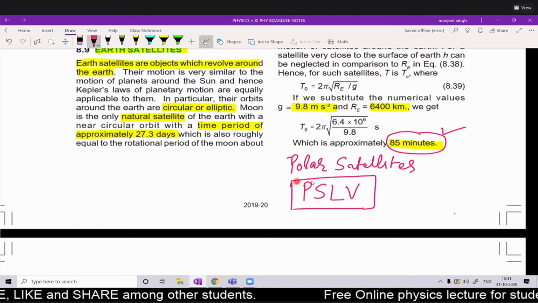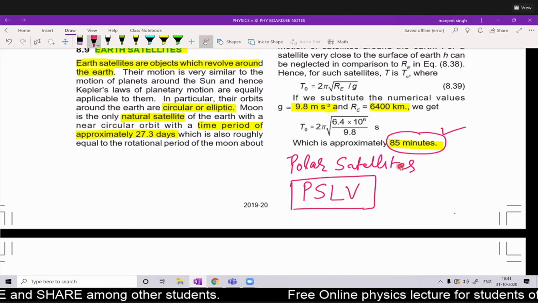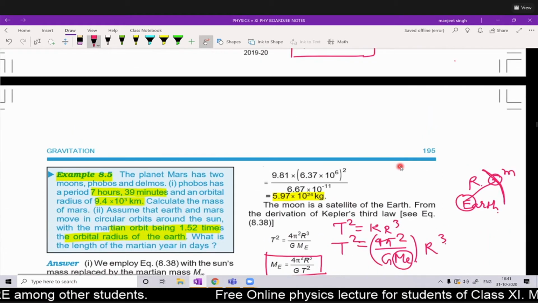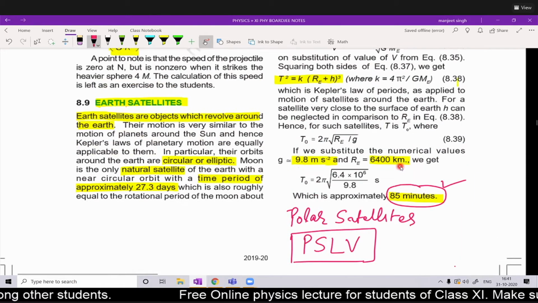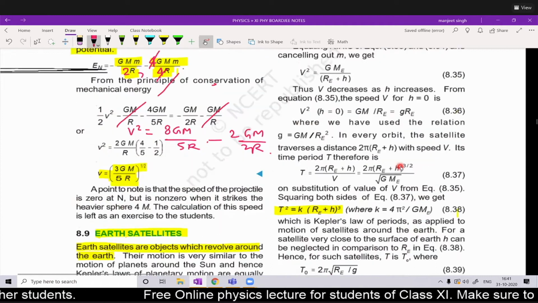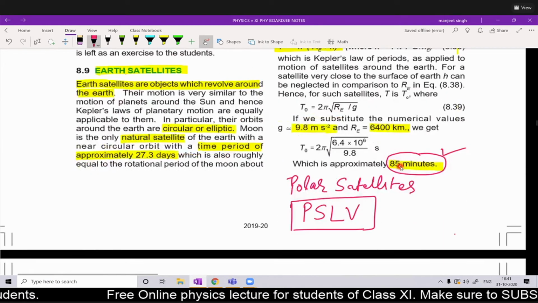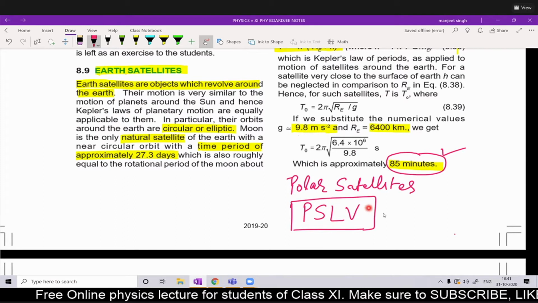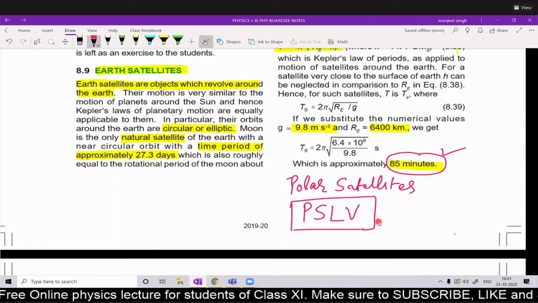Okay, polar satellites are very helpful in covering the Earth. They strip around the Earth. Later on, we will talk about polar and geostationary satellites. Then we will know their benefits. PSLV.